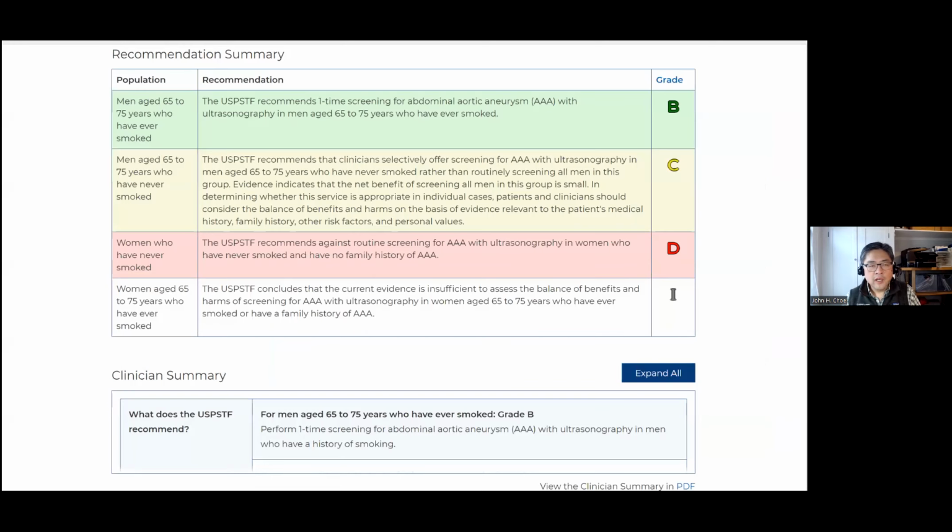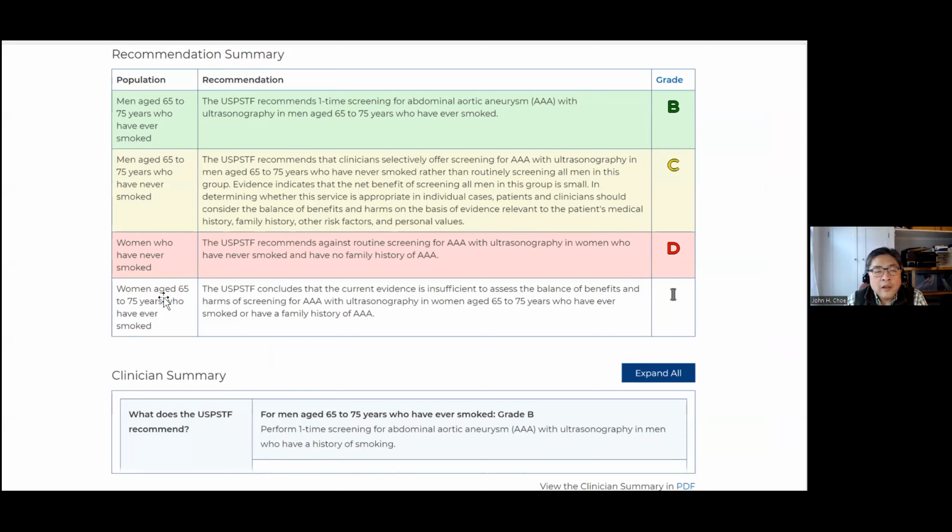And so this is from US Preventive Services Task Force, and many of you, most of you hopefully, have spent some time looking at the USPSTF guidelines. And so this is, I just picked randomly, AAA screening for men who'd ever smoked. And AAA screening, sorry, this also includes men who never smoked and women who have smoked.